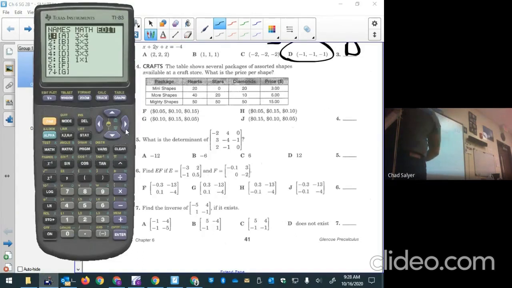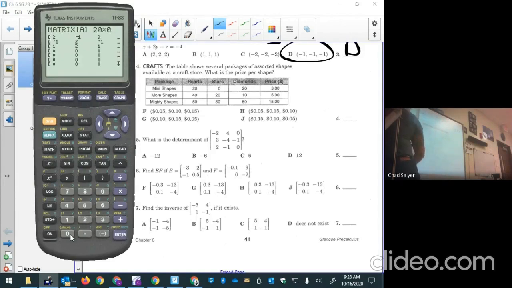So let's edit that A again. And this time we want 20, 0, 20, and 3. What in the world? So we'd say 3, not 30. There we go. That'll start with 20, 0, 20, and then 3, 40, 20, 10, and 6, and then 50, 50, 50, and 15.